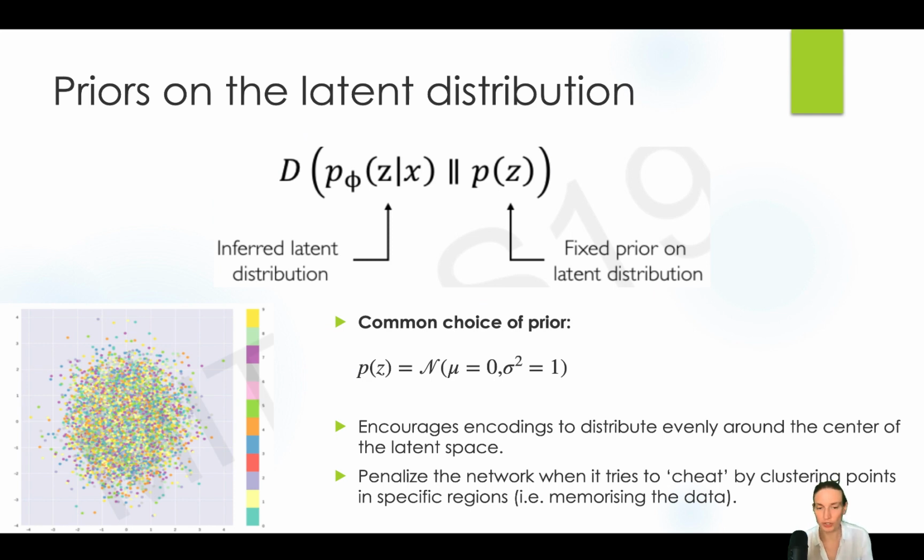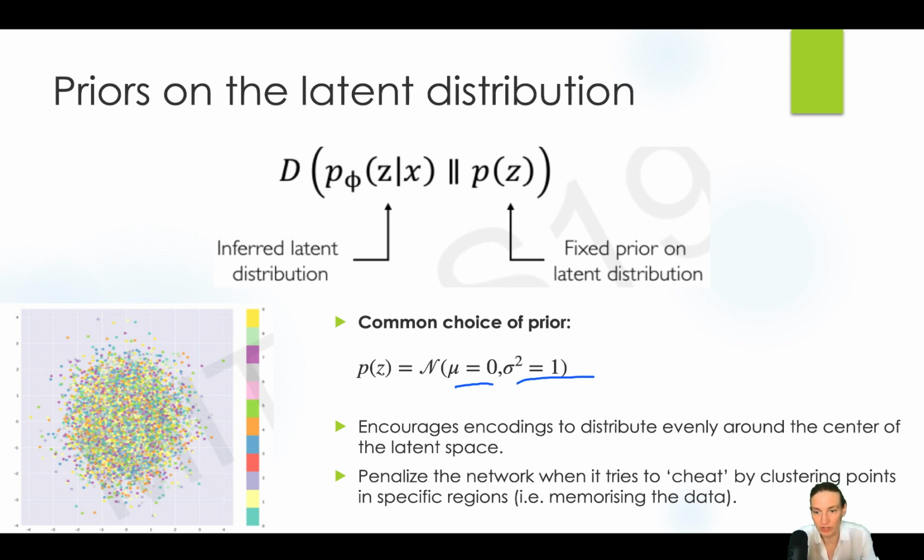Now, a common choice for this prior is a standard Gaussian, which has a mean of 0 and a standard deviation of 1. Why? Because this basically encourages the encodings or the latent space to distribute evenly around the center of the latent space.